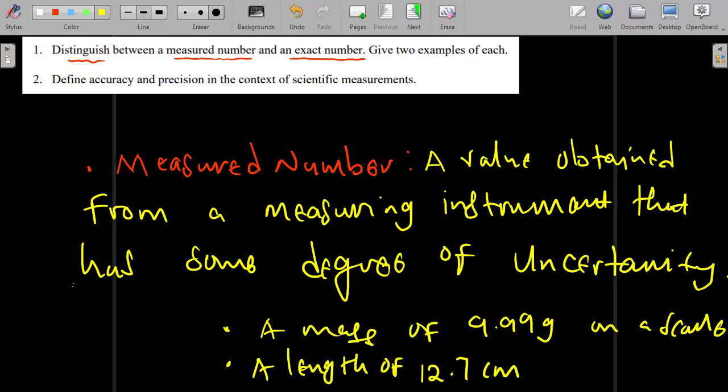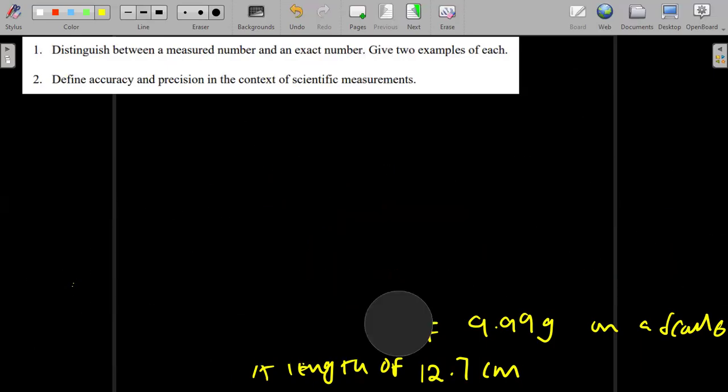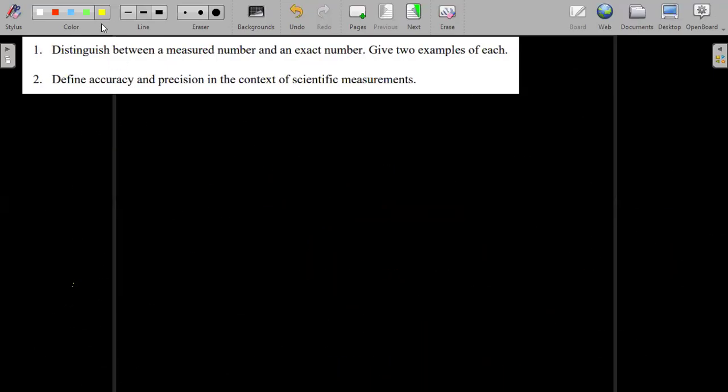So that is the definition of a measured number, and some examples. Now I'm going to go to what we call exact numbers. What are exact numbers? Does anyone have an idea?